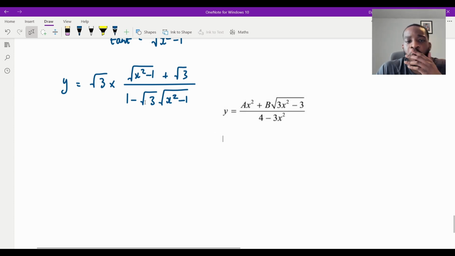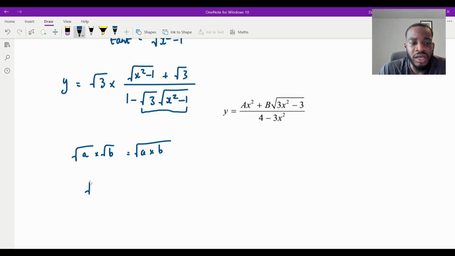Well, firstly, if I look at the denominator, I can see that I've got this here. Now, this is a root times another root. Remember your surd laws. Root a times root b is equal to root ab. So that tells me that I can actually combine those.